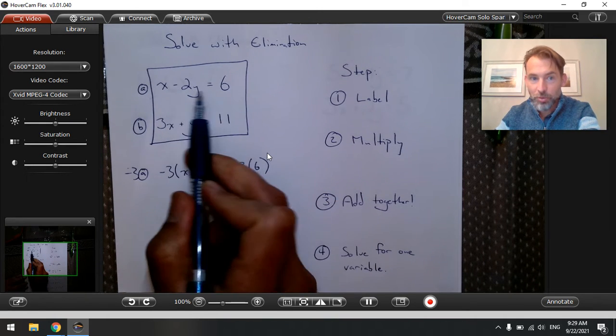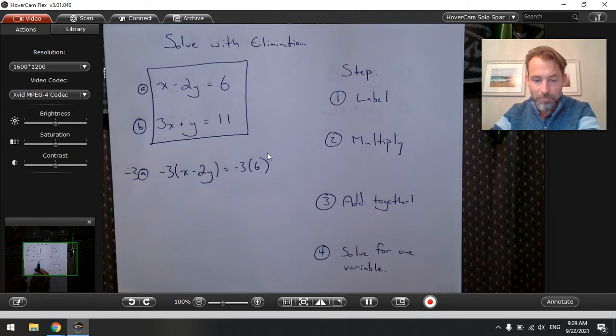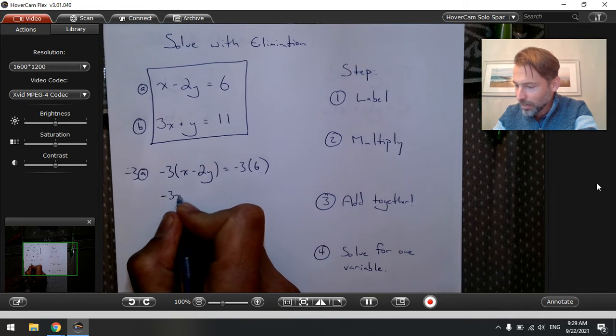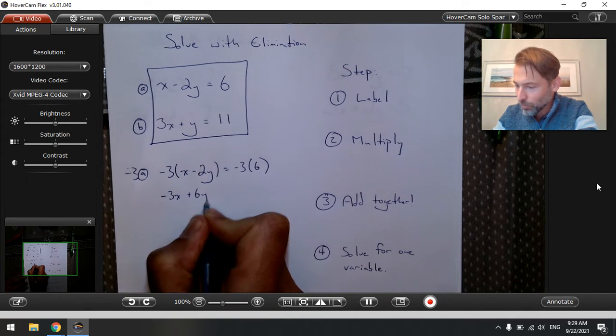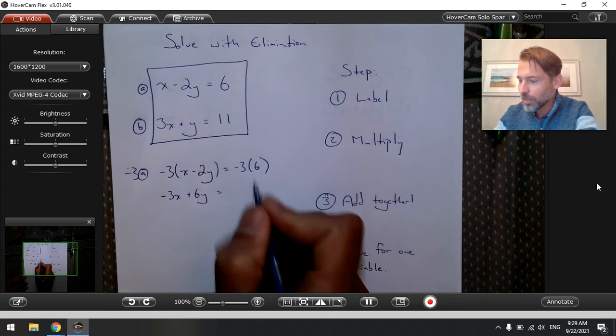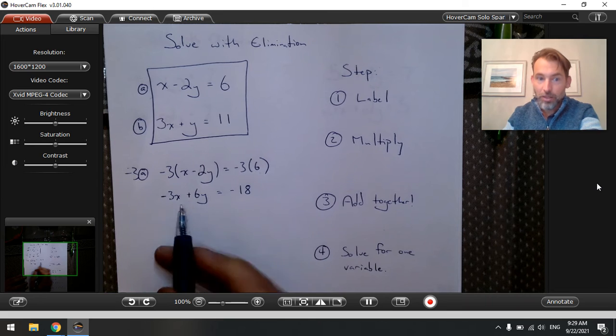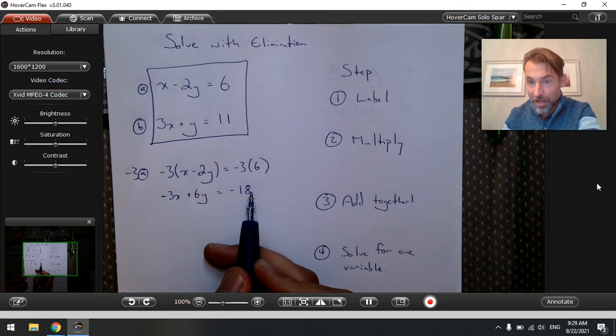I'm just multiplying both sides of this equation by -3. Okay, now let's carry on. I now have -3x plus 6y is going to be equal to -3 times 6, which is -18. So that's my rearranged A. Well, it's -3 times equation A.